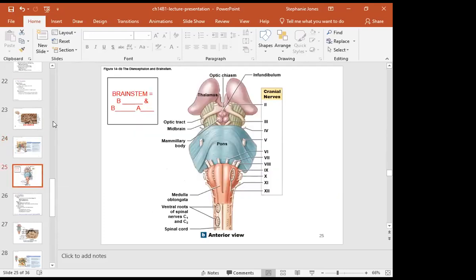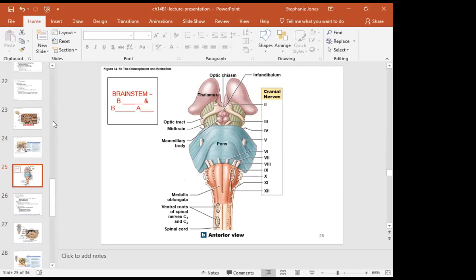So now we've done cerebrum and diencephalon. What were the three portions to the diencephalon? Thalamus, epithalamus, hypothalamus, right? Which one of those is going to direct sensory information? Thalamus. Which one of those is going to produce the hormone that will help you sleep at night?